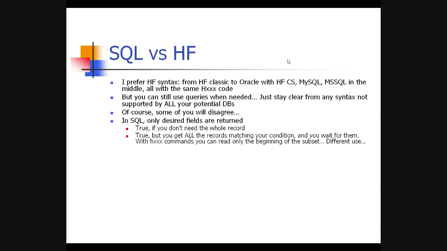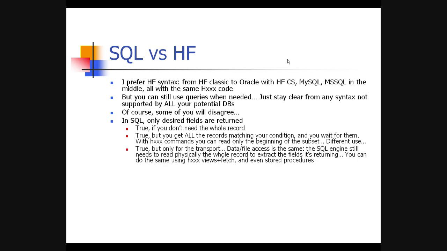But you will get all the records matching your condition, and you're going to wait for them. With H commands, you can read only the beginning of a subset and work only on that. So it's really a different use. You can definitely have gains using both syntaxes.